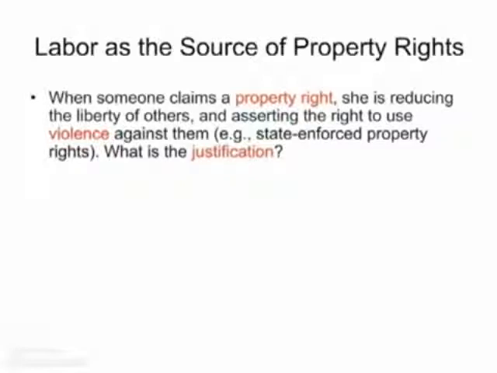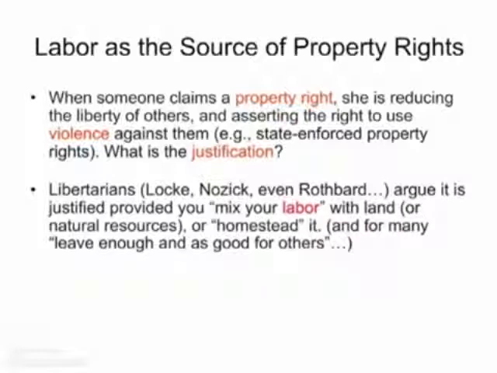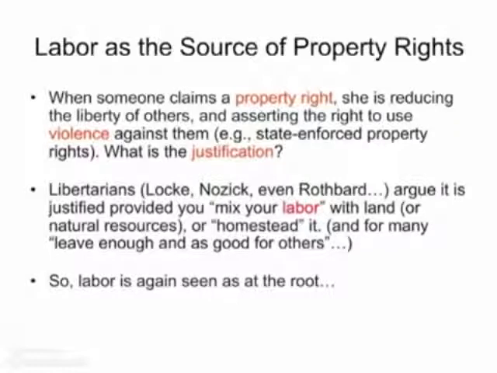The justification for property rights is often that when you mix your labor with something, then it becomes more your own, because your labor is an extension of yourself. And this is actually quite similar to the labor theory of value, which says that only labor is of value because you're putting your own work into it. So labor is seen as the root of the value in both cases.